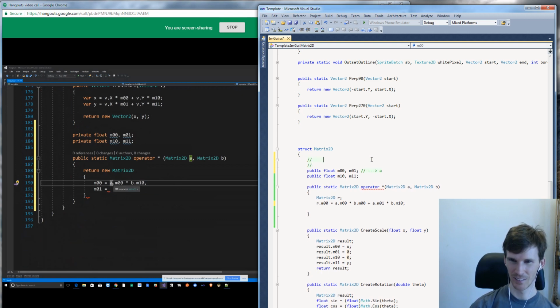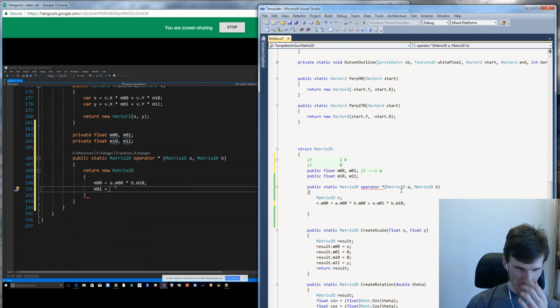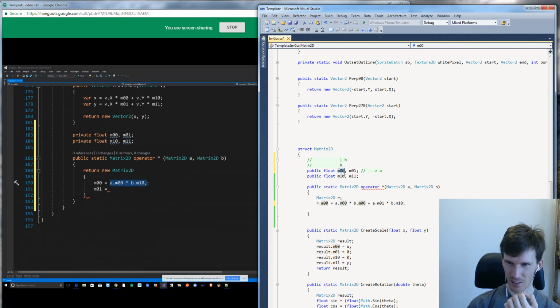That's right. Are you going to do one of your famous ASCII arts? Oh yeah. So the first one will be A00, B00, A01, B10.